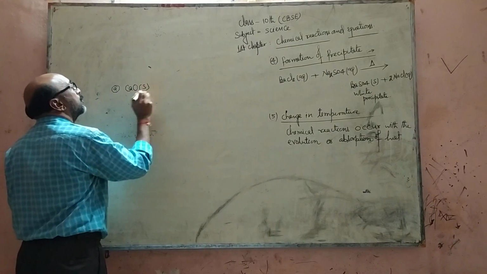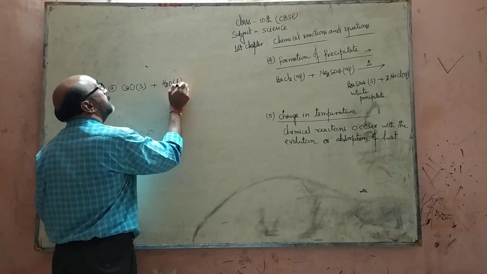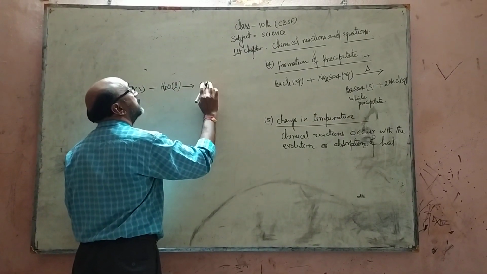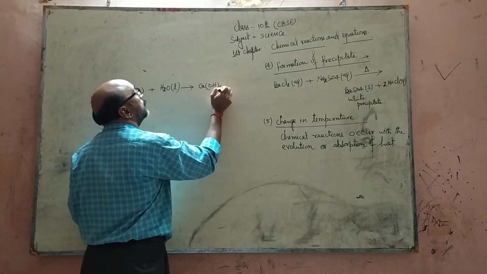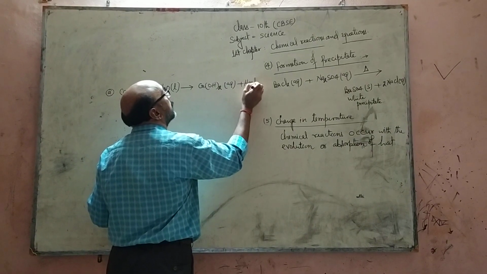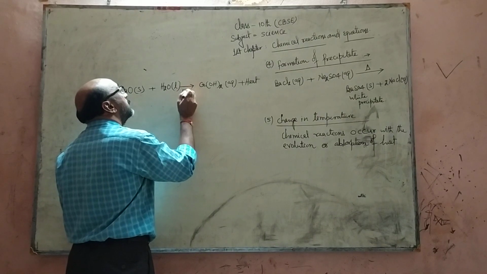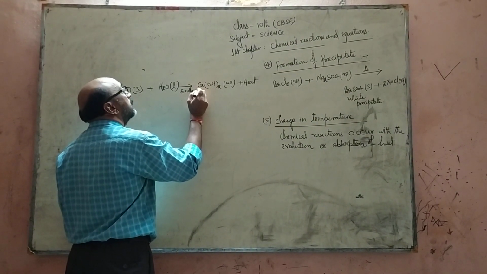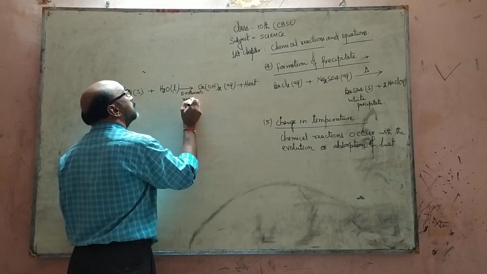CaO, calcium oxide, reacts with water liquid, gives calcium hydroxide, Ca(OH)2 aqueous, and heat is evolved in this reaction. It is called exothermic reaction.